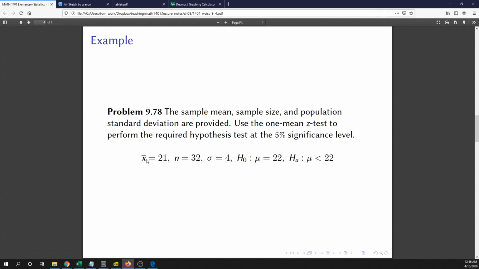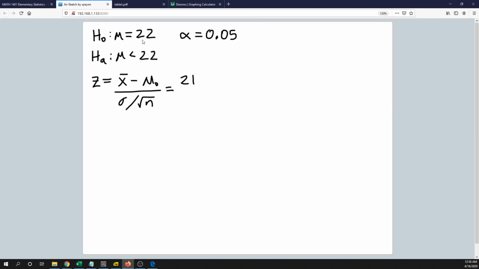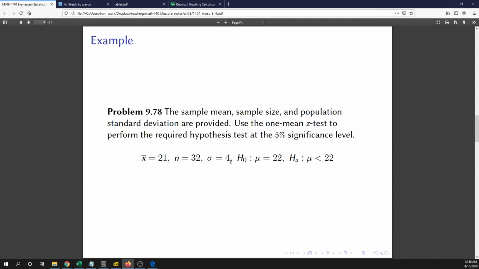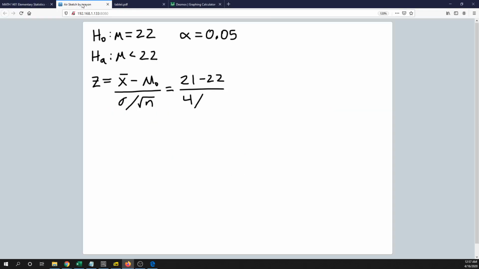Looking at our values here, x bar is 21. Mu naught is this number over here, in the null hypothesis. Sigma is the population standard deviation, and that is given as 4. And the sample size is 32. So it's going to be 4 over the square root of 32. So we will need to get that value.